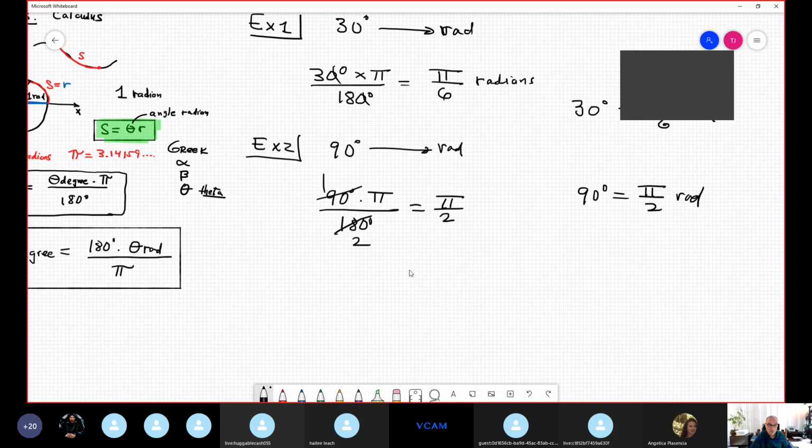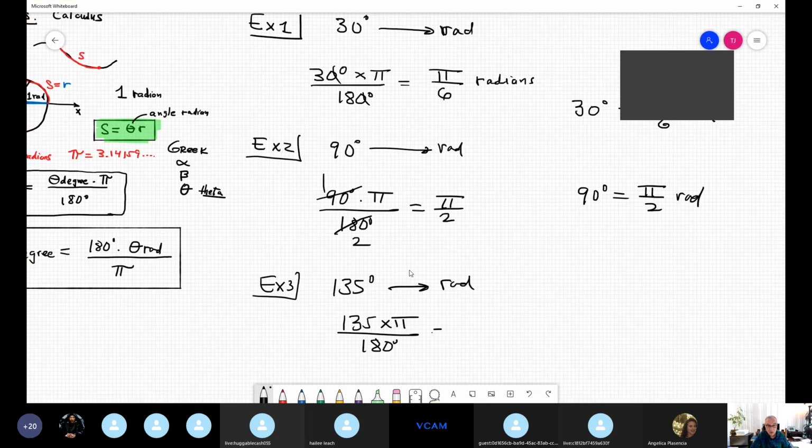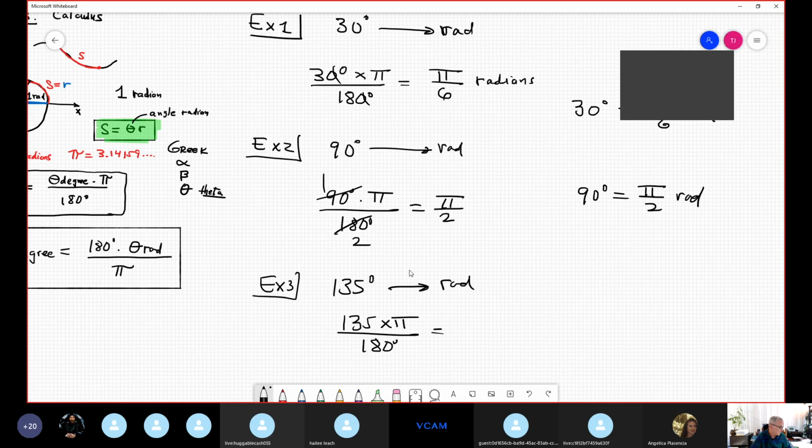Suppose, example 3, 135 degree expressed in radian. Well, exactly the same, multiplication by pi and divided by 180. 135 multiplied by pi and divided by 180 degree. And of course, that fraction you reduce to lowest term. In this case, 135 becomes 3 pi over 4. Where does that come from? 180 divided by 4 is 45.